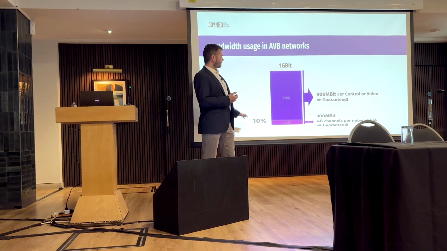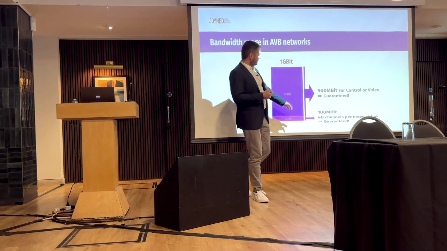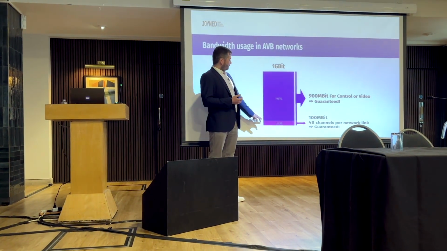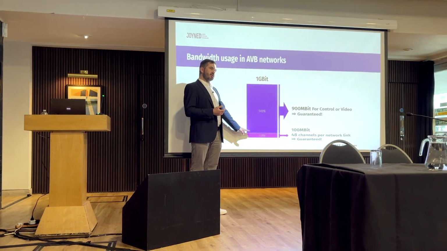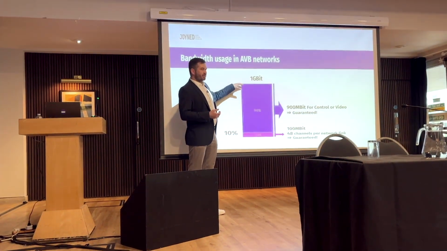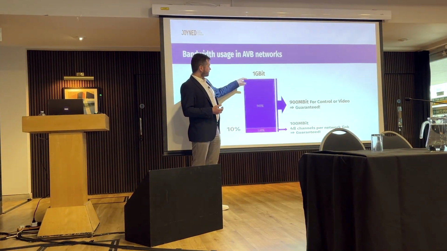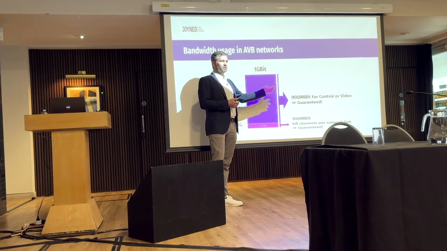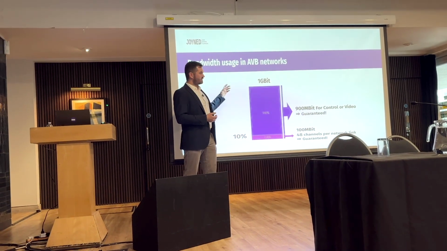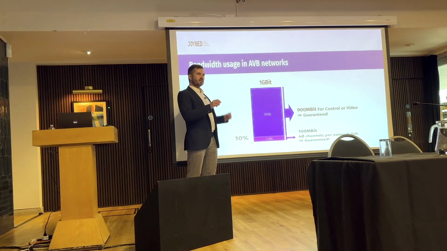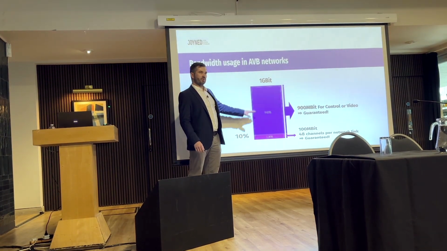So let's say you have 48 channels on a link and you make reservations for that, then only these 10% are reserved for that stream. The other 90% of your gigabit link, which would be 900 Mbit, being just available for control and other stuff, still is available. So it's still a decision of the user how many streams you connect and how much bandwidth you have here.